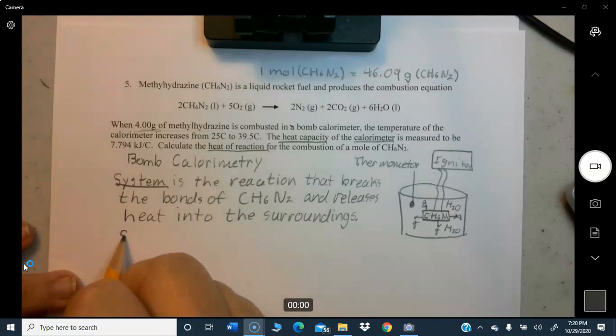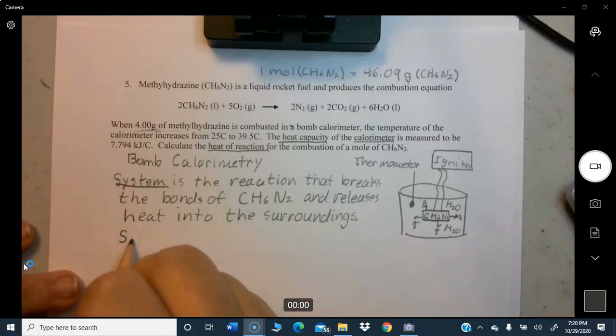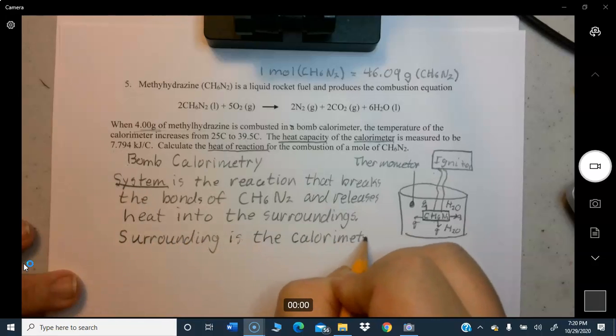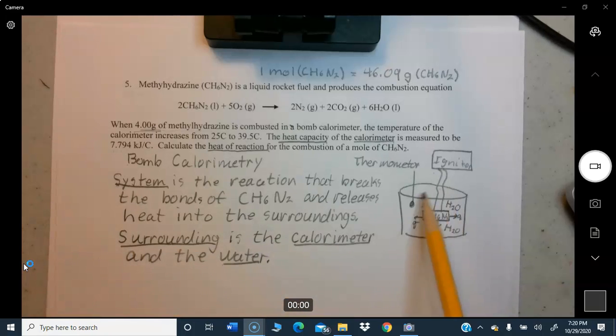This time it's different. It's not the water and the solution. It's just the water. So the surroundings is the calorimeter and the water. That calorimeter is this entire physical structure of this device: this container, this little container inside, and the water that's surrounding it. That's defined as the calorimeter.